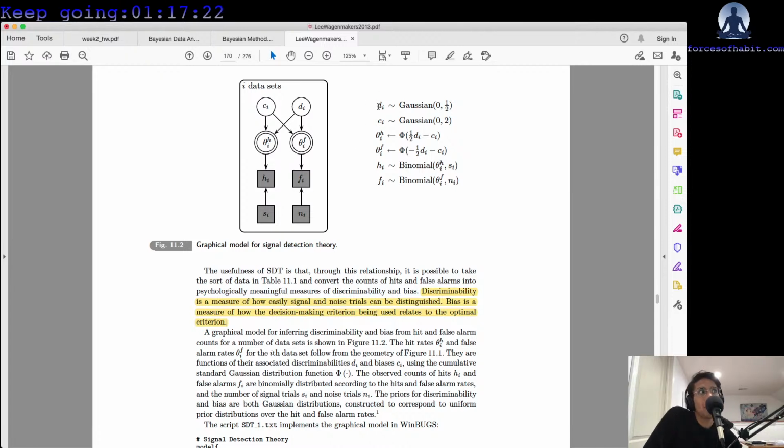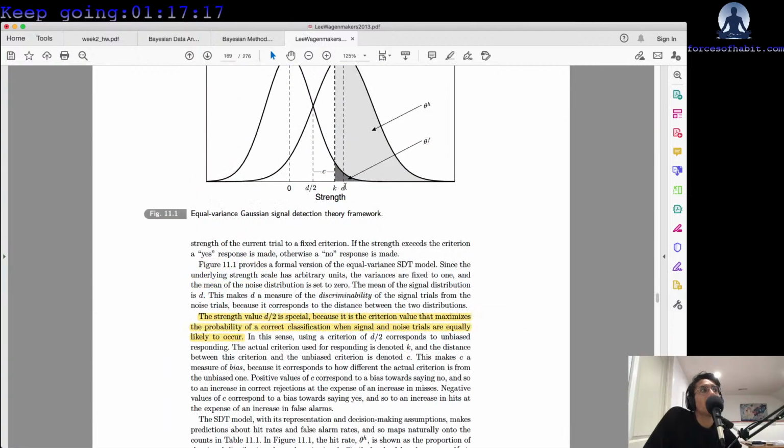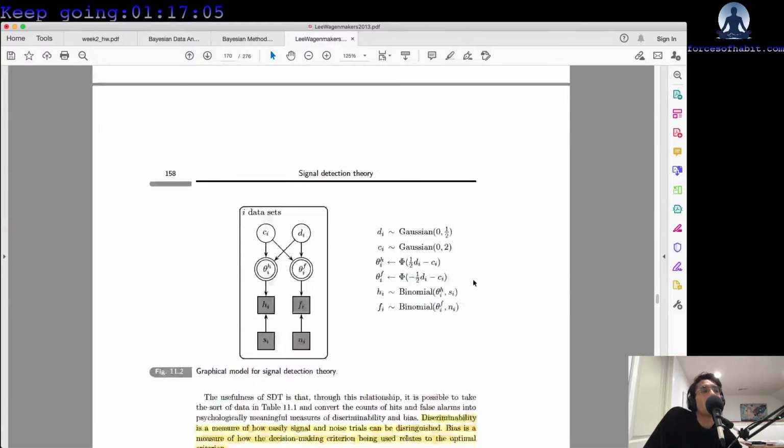So D, as we said, was discrimination. So it's this center point in the signal distribution. And we're saying it's Gaussian and half. I don't know if that is precision or not. We'll find out.